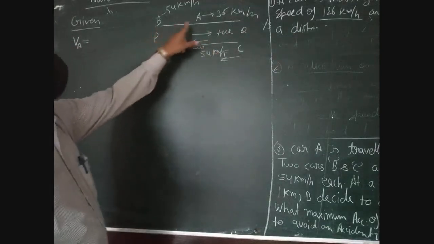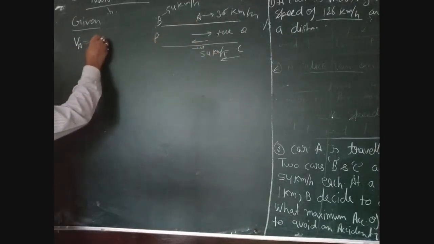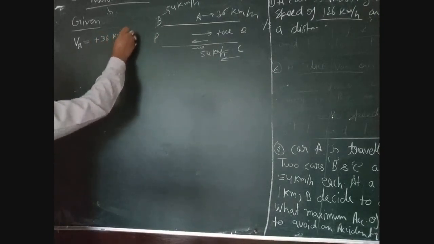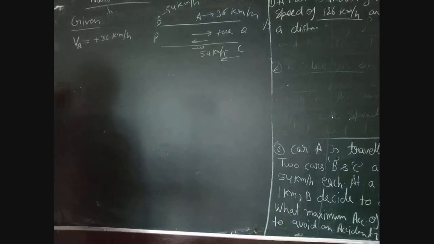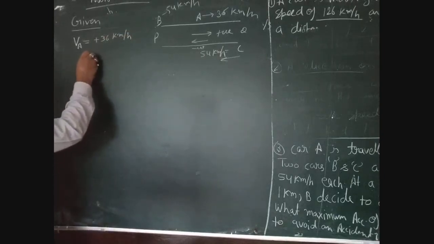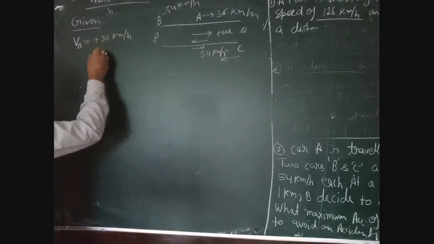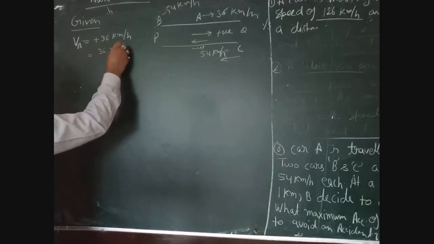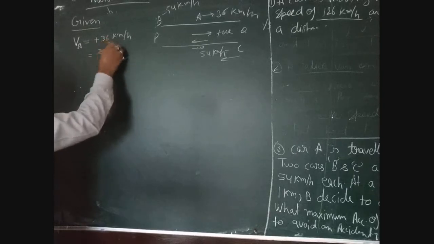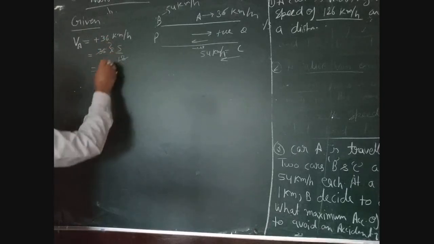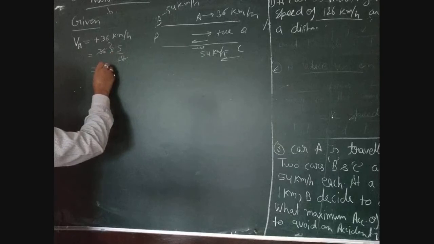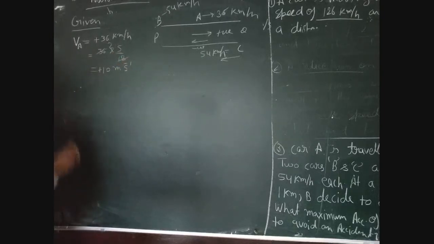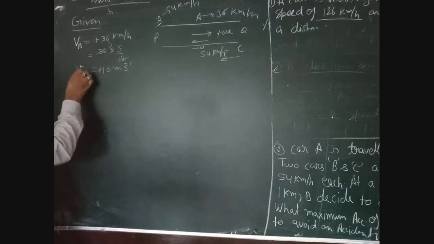So the speed of car A is positive 36 km/h. Now convert it into meter per second. So it will be 36 into 5/18. You will get 10 meter per second positive. This is the speed of car A.